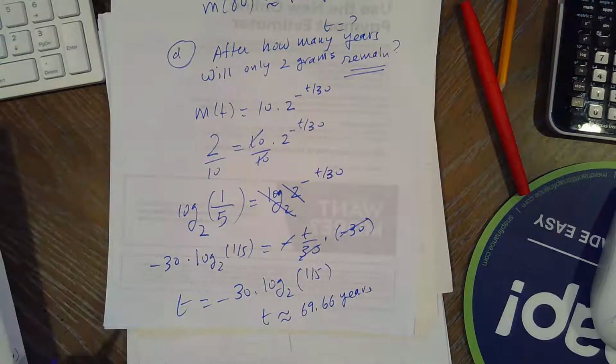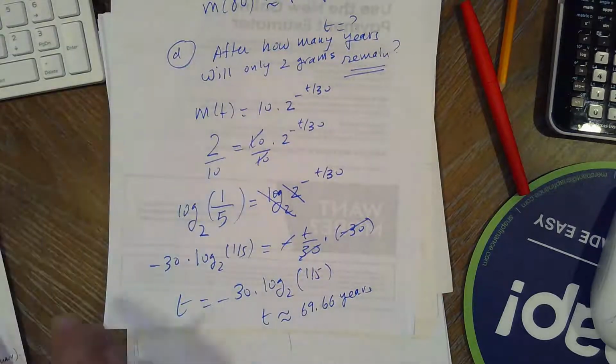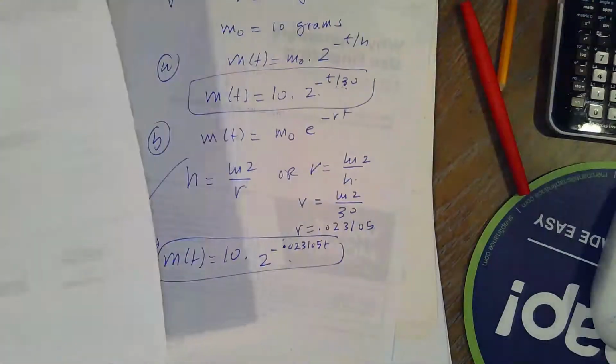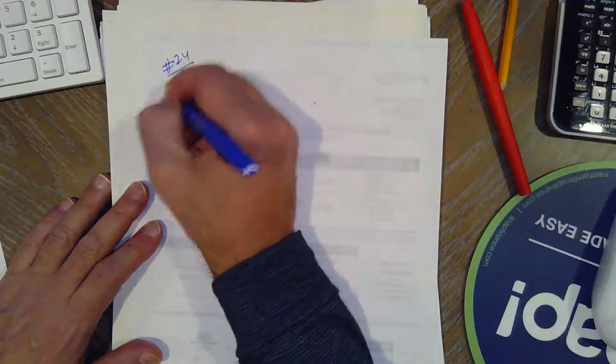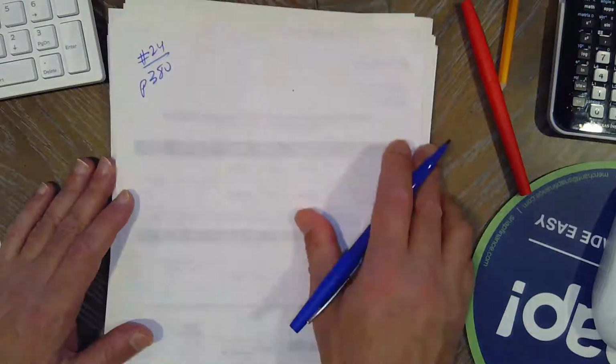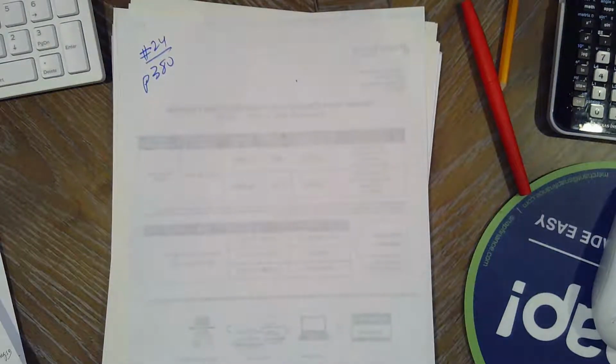Okay, let's look at number 24, from page 380. Okay. It says carbon-14 dating.